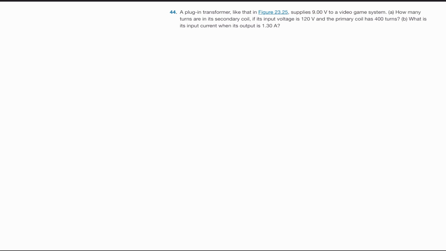It could be an Xbox, it could be a PS5 or whatever it is. The point is, the wall plug onto which the transformer is connected pushes out 120, but then the transformer transforms that voltage to a new value or to a new amplitude of 9 volts. This 9 volts is then passed on to our component.